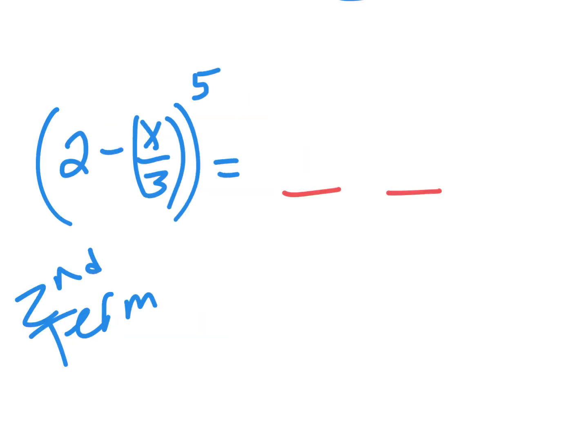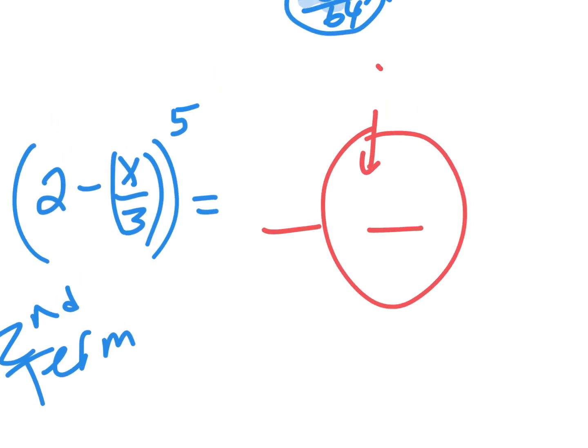Okay. So, I personally wouldn't have made a Pascal's triangle for this. You could. But to do that part, I would do 5C. I want the second term, then it's 5C1. I know it's a little confusing. This one, the first term is 5C0. All right, so 5C1, what's that really?